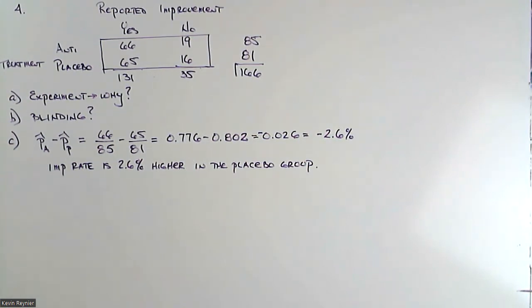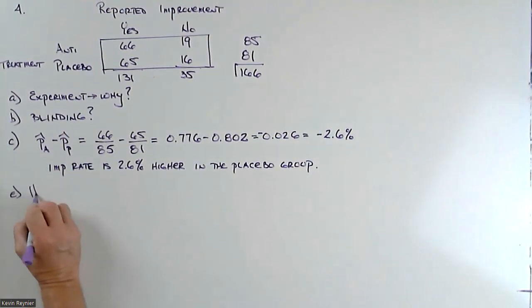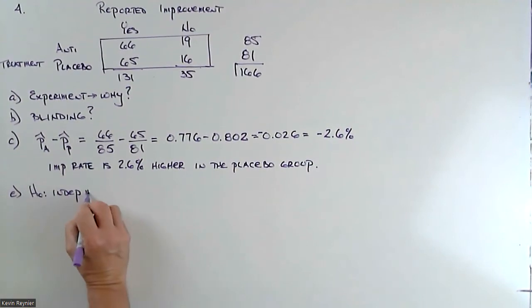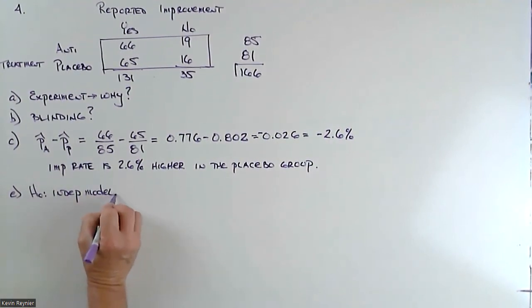So that was part D. Part E says, there are two competing claims that this study is used to compare: the null hypothesis that the antibiotic has no impact, and the alternative hypothesis that it has an impact. That's our independent model.